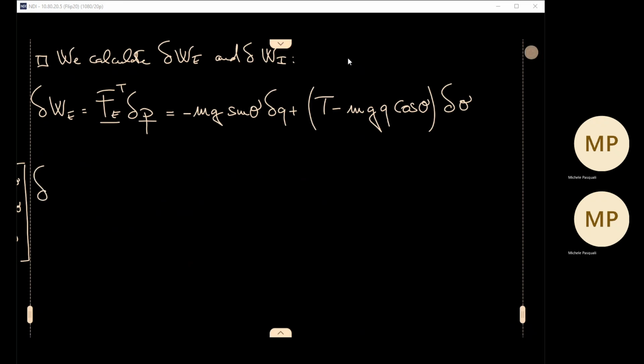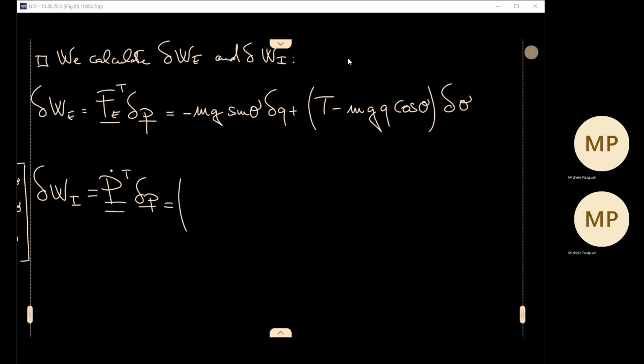While our delta wi, which is capital P dot transposed applied over delta P, is equal to what?